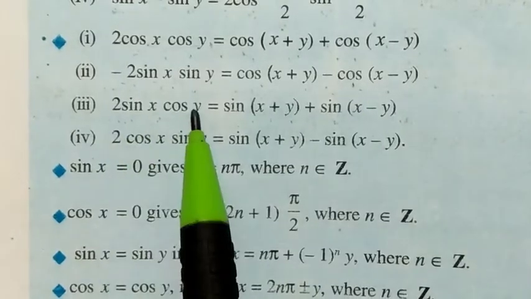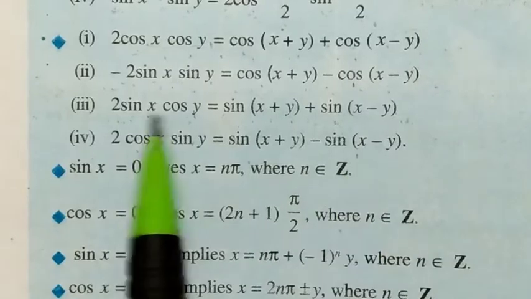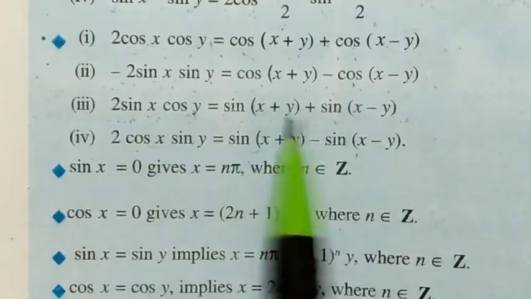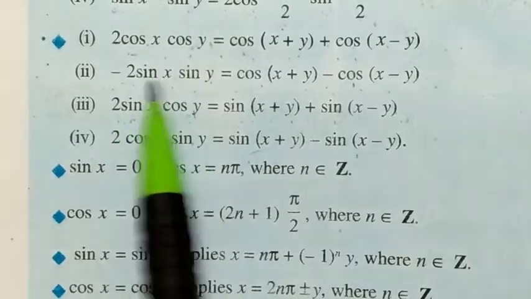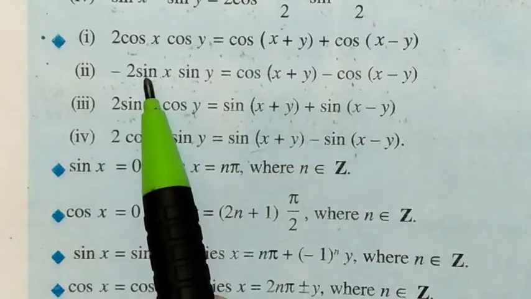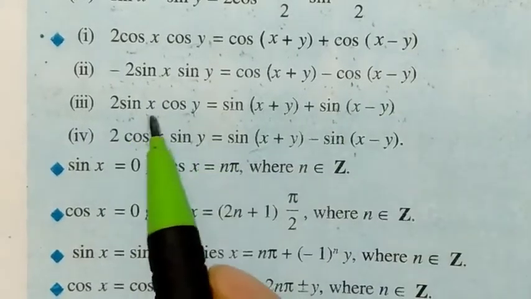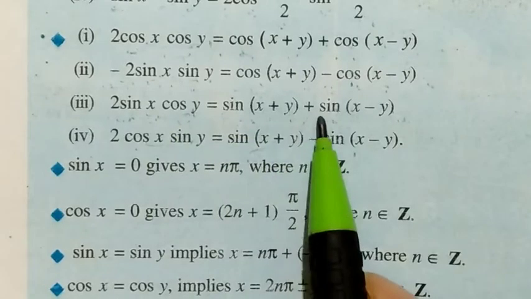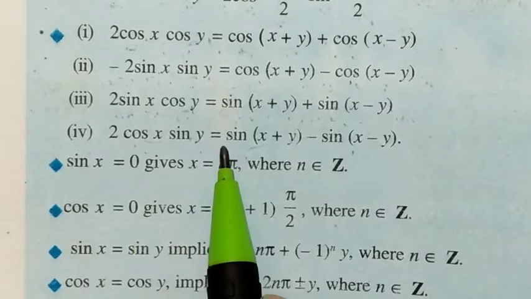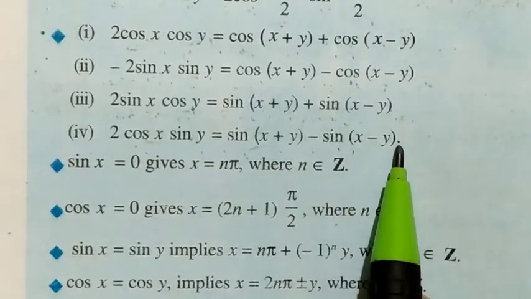But if it is sin cos or cos sin, with x, y angles, if it is different, means sin cos, cos sin, so both are of sin. If it is the same, cos cos, sin sin, so both are of cos. And here minus 2, this is minus cos of (x+y) minus (x-y). Now 2 sin x cos y is sin(x+y) plus sin(x-y). 2 cos x sin y is equal to sin(x+y) minus sin(x-y).